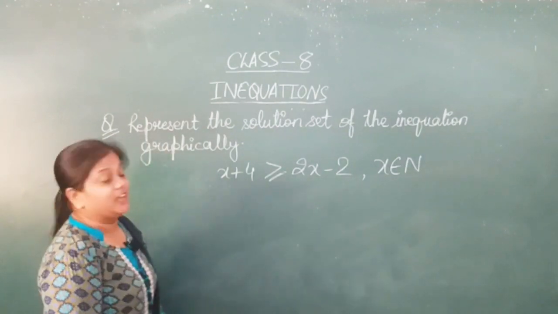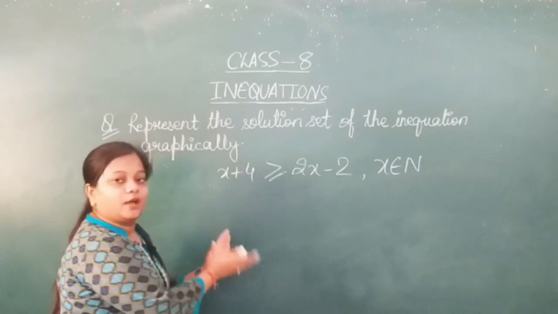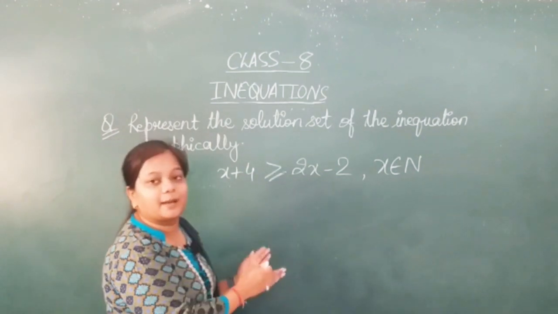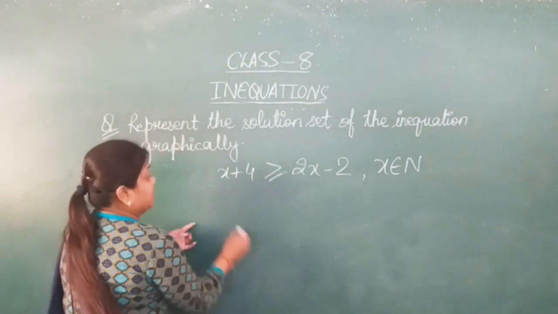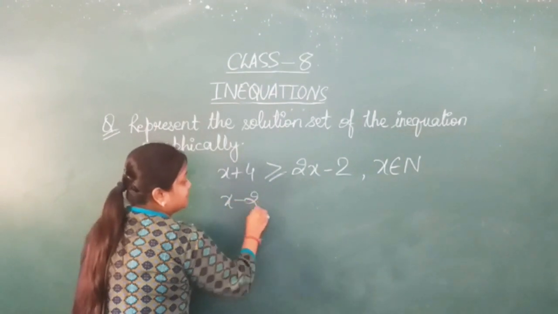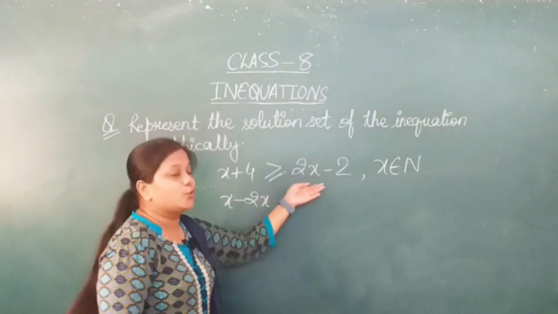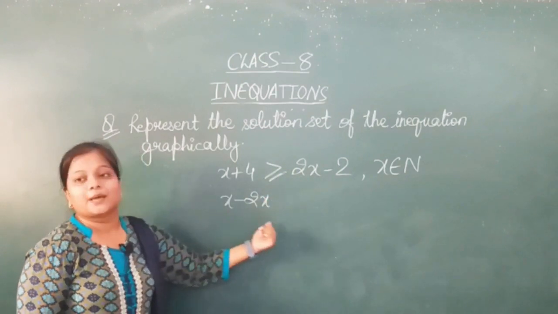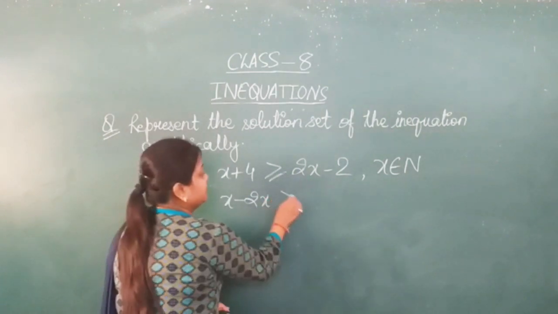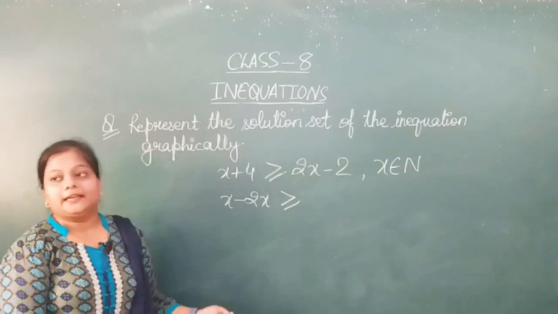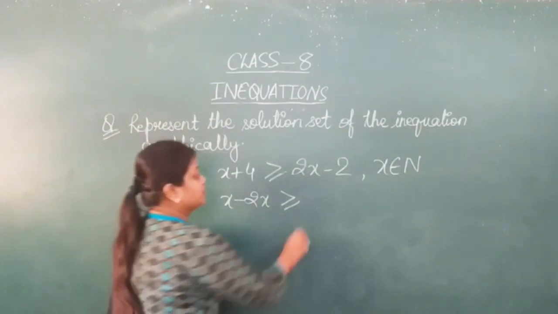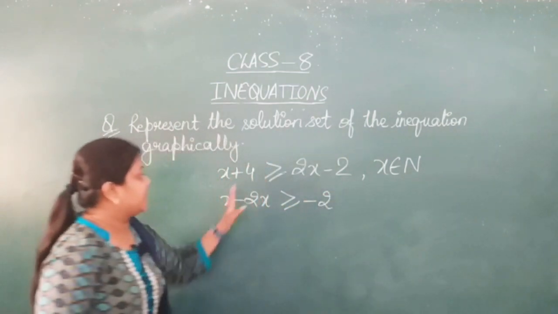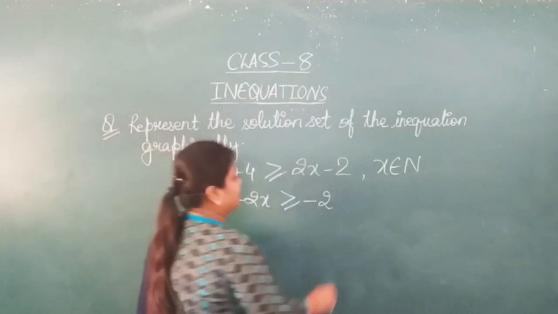For this, we will get all the x to one side and all the remaining numbers to another side. We will bring this 2x to this side, its sign will be changed to x minus 2x and greater than and equal to minus 2, and when we will take this 4 to another side, it will become minus 4.